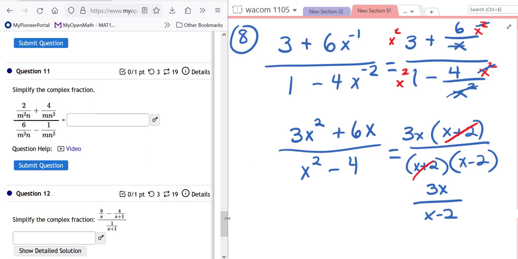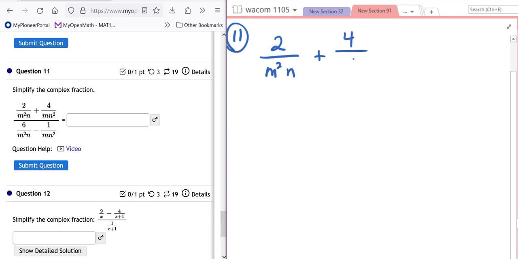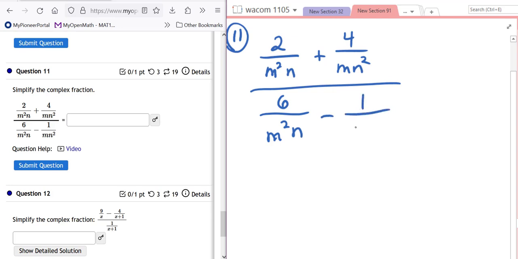All right, let's do 11, and then we'll backtrack to that one that I said is harder. We should have time. So we have 2 over m squared n plus 4 over m n squared, over 6 over m squared n minus 1 over m n squared.